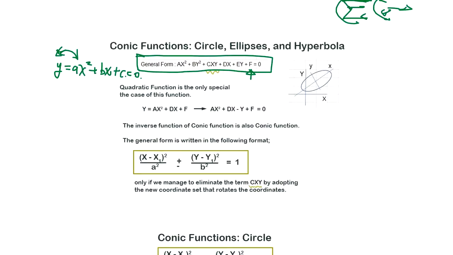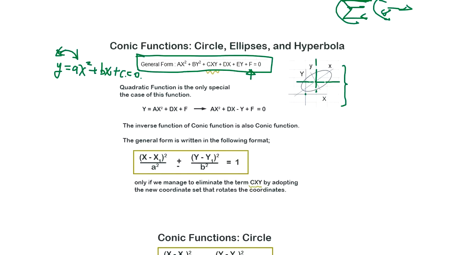Now the generic equation may give you ellipses like this one. The ellipse is not elongated along x or y, it's at some angle, and the center is off from the coordinate origin. So if you set a new coordinate here, it's not enough.